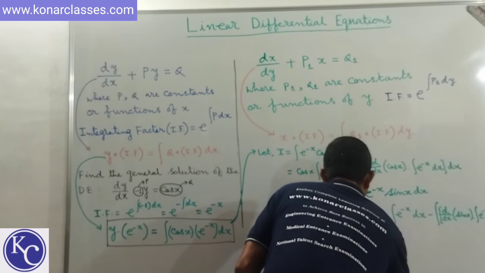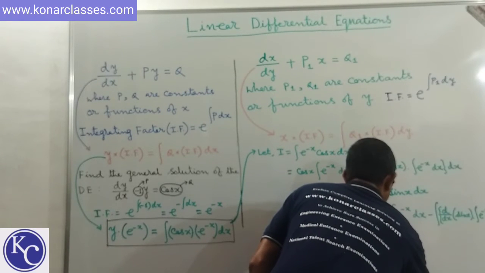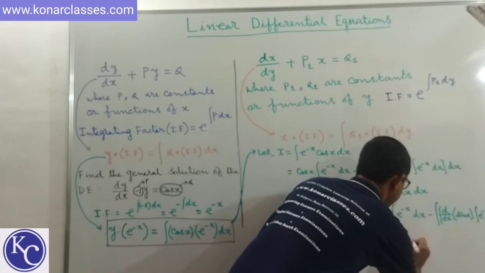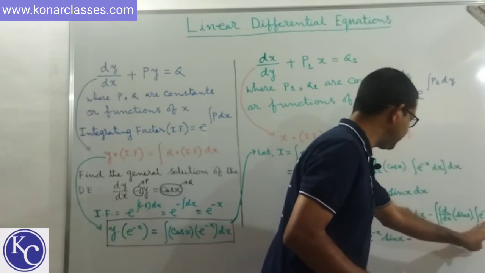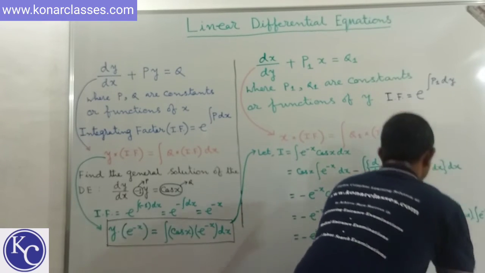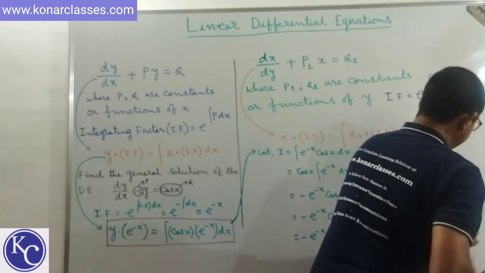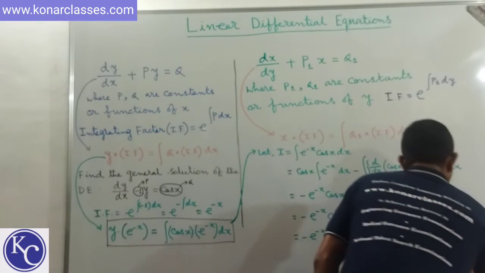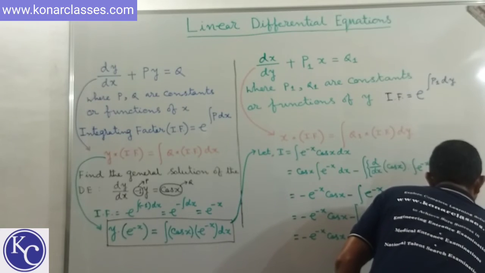So we can write minus e power minus x into sin x, minus, d/dx of sin x is cos x, and so let's write integration of cos x into integration e power minus x dx, which is minus e power minus x. So minus e power minus x, entire dx.